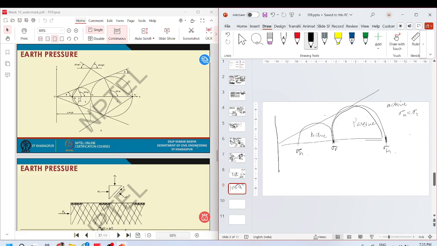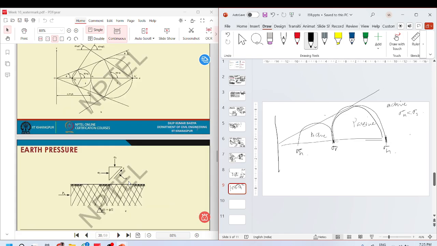Sigma 1, sigma 3 here, 45 plus phi by 2, 45 minus phi by 2.